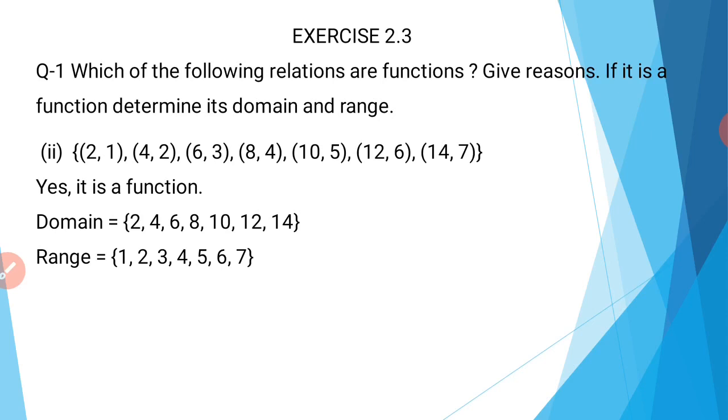That means 2 is associated with only 1, 4 with only 2, 6 with only 3, 8 with only 4, 10 with only 5, 12 with only 6, and 14 with only 7. So the domain is {2, 4, 6, 8, 10, 12, 14} and the range is {1, 2, 3, 4, 5, 6, 7}.